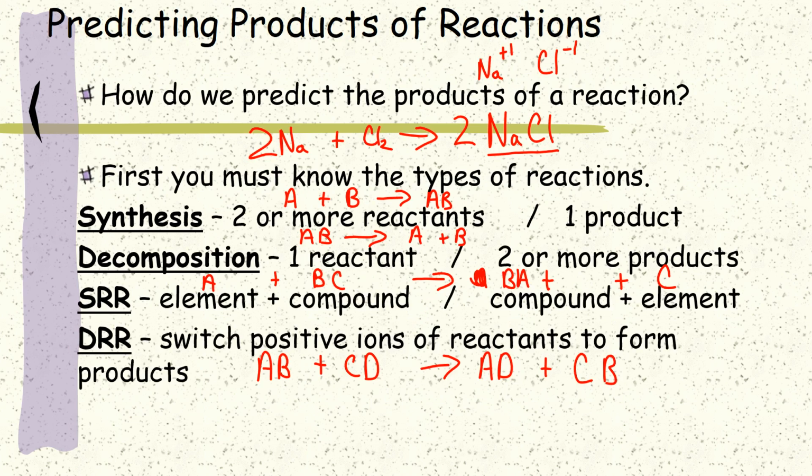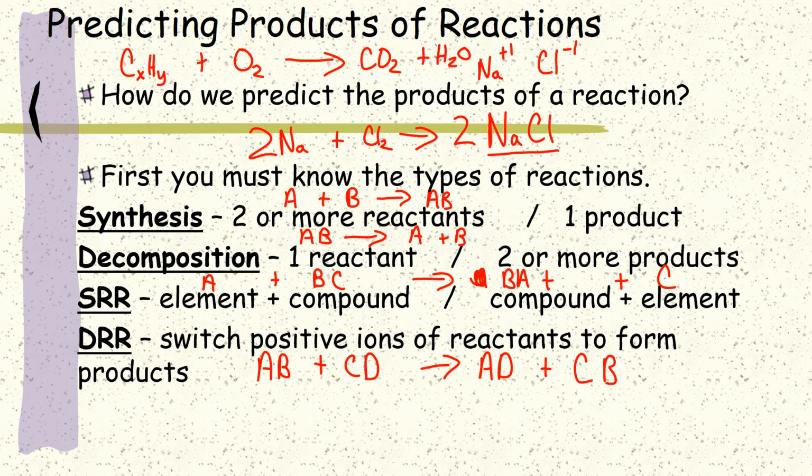Combustion. What will always be the product of combustion? Water and carbon dioxide. Yes. If you ever have a compound that starts off with some variation of C and H, it could have CHO, CHS, or CHN, and it reacts with oxygen, and it asks you to predict the products, the products are always going to be carbon dioxide and water.